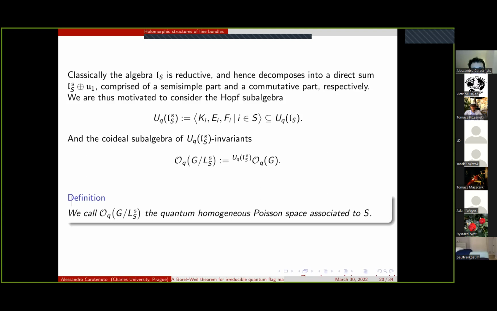My guess is that in the classical case, these spaces are in fact Poisson spaces. I don't know if this helps in any way, but for the Grassmannian, for example, if you make this construction, the spaces that you get are the Grassmannian spheres.